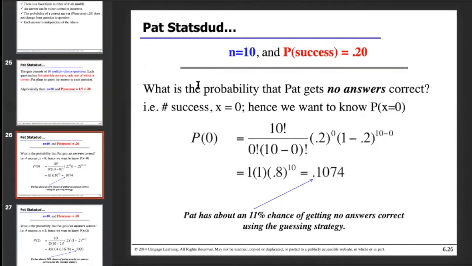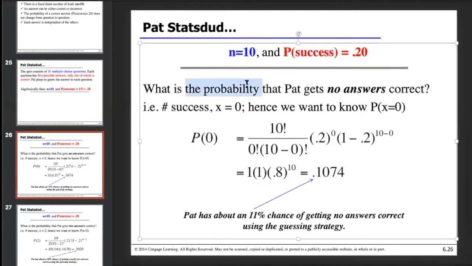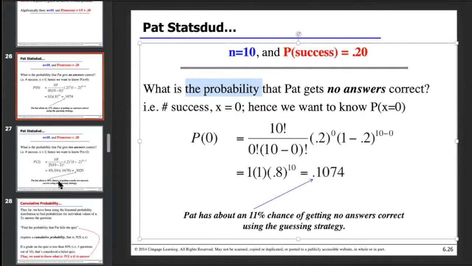So essentially we enter for x 0, and for n we enter 10. And obviously the probability of success is here 0.2, because each question has 5 answers, A, B, C, D, E, and only one of the answers is correct. We did the math and we figured out it's 10.74% probability.